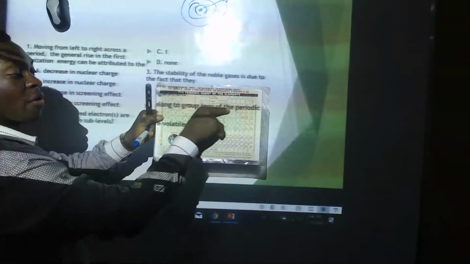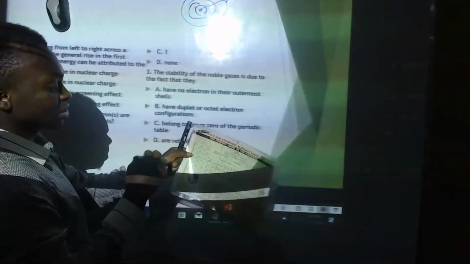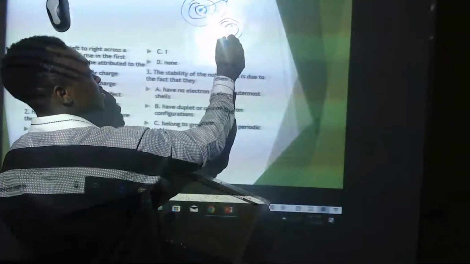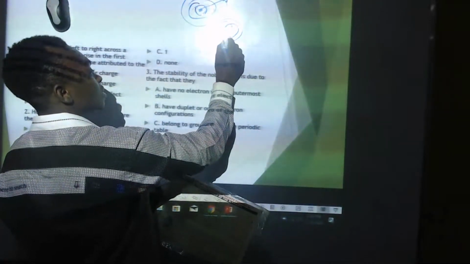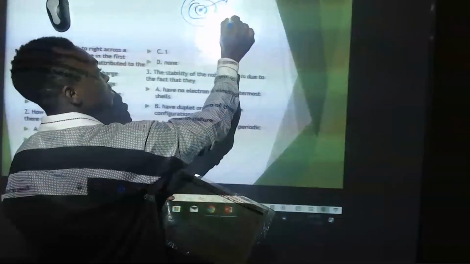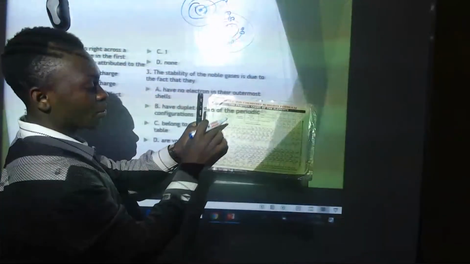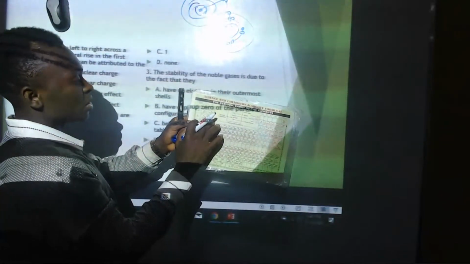Meaning, if you are talking of period 3, it means every member of period 3 has a valence shell of 3. How? Sodium. Sodium is how many here? Sodium is 11. Now, these are your electrons: 2, 8, and then 1. Remember, sodium is in period 3. Now, the next one is magnesium.